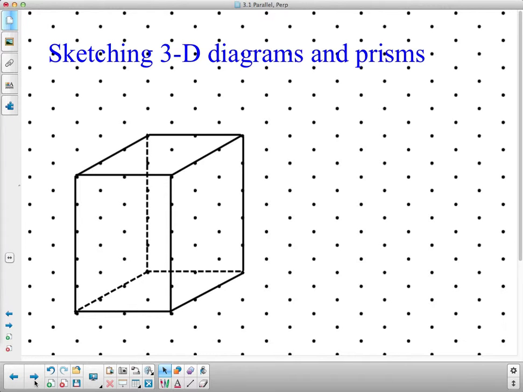Okay, we'll try a little drawing with the dot paper and then without it. Okay, trying to draw a prism. This one is a rectangular prism, basically a box. Using the dots on the dot paper, and I don't know if my dots match up when you turn it sideways or straight up and down.